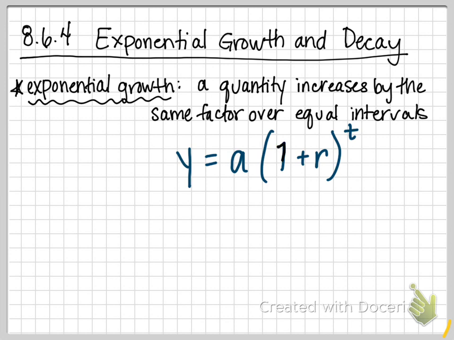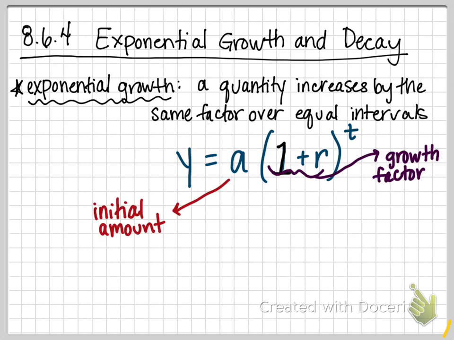Y equals A times the quantity 1 plus R to the T. And obviously, as with most formulas, each of these things will plug in a number based on what we know. But this formula tells us a lot of things about exponential growth. So it'll tell us about the quantity. Let's put each of them in.